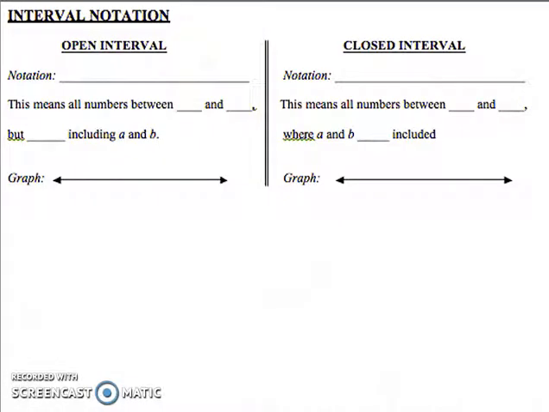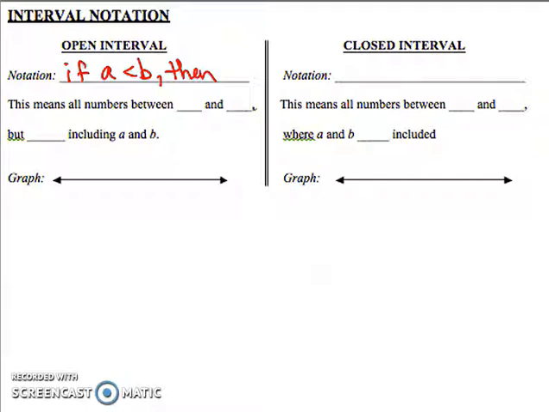Okay, now we're going to talk about interval notation. And this is new material as well. So interval notation, when we have an open interval, okay, we would say if A is less than B, then it's going to look like this.